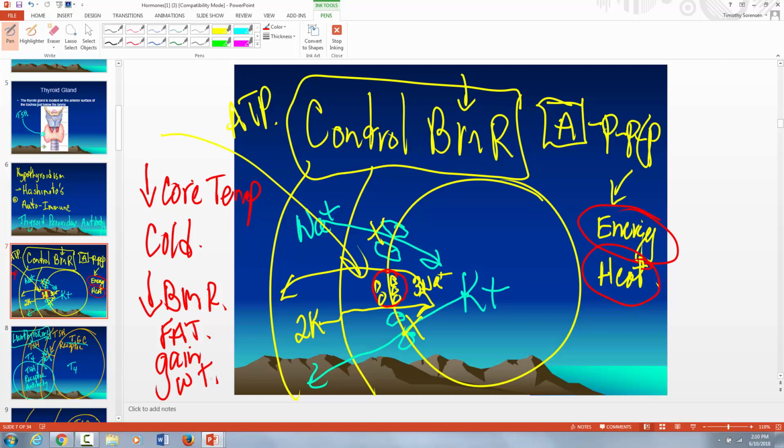The most critical, essential parts of the body that need to keep functioning are going to function first, and the body will begin to slowly turn off the non-essential parts due to the drop in thyroid hormone. So they're going to be cold. They're going to gain weight.